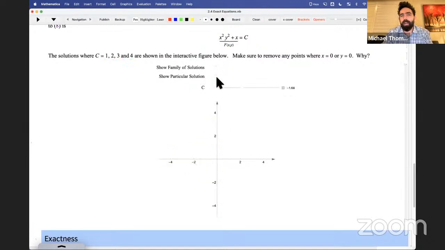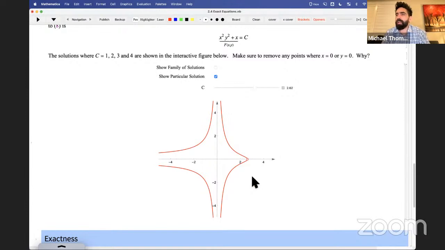If you want to play around with it, you guys have the same file, and you can play around with a particular solution, move this around, see what happens. For example, this is technically 4 solutions. You've got one here, one here, and one there. So if you had an initial value problem and you picked a point, you'd have to pick one of these curves.